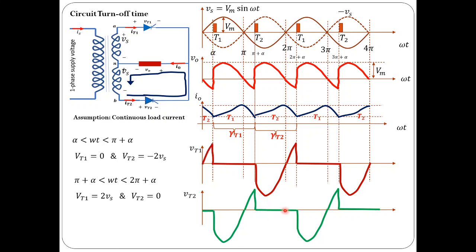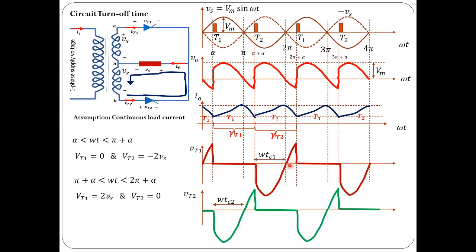The same thing would repeat for the remaining cycles: from 2 pi plus alpha to 3 pi plus alpha and 3 pi plus alpha to 4 pi plus alpha, you will have a similar wave shape for the voltage across thyristor 1 and thyristor 2 respectively. Here this is pi, this is alpha, this is pi plus alpha, and this is 2 pi.